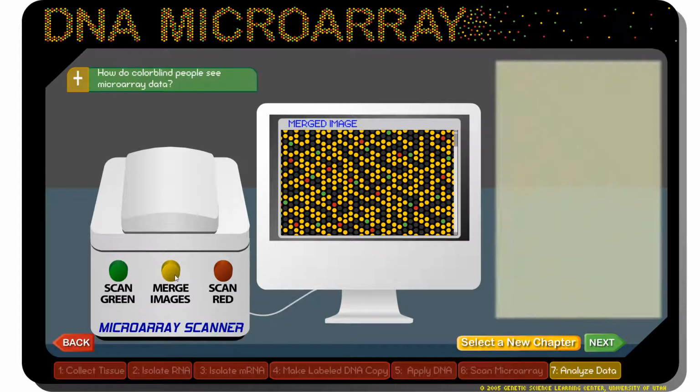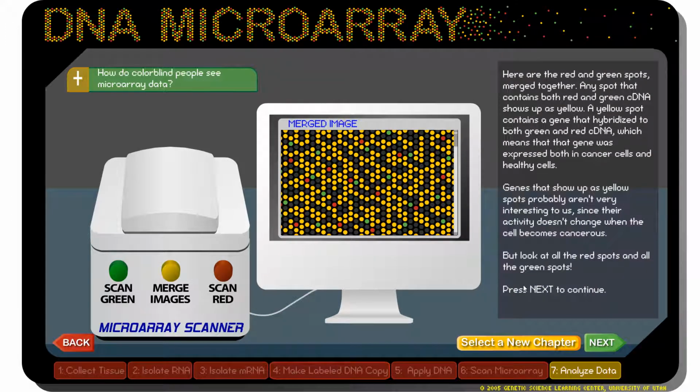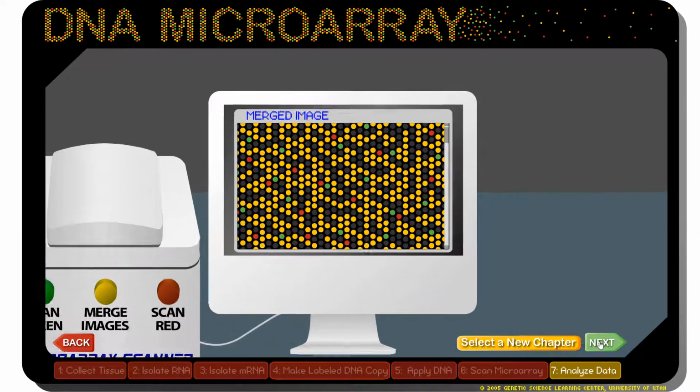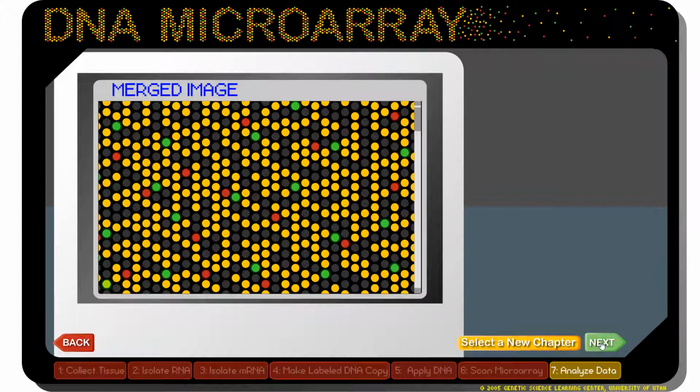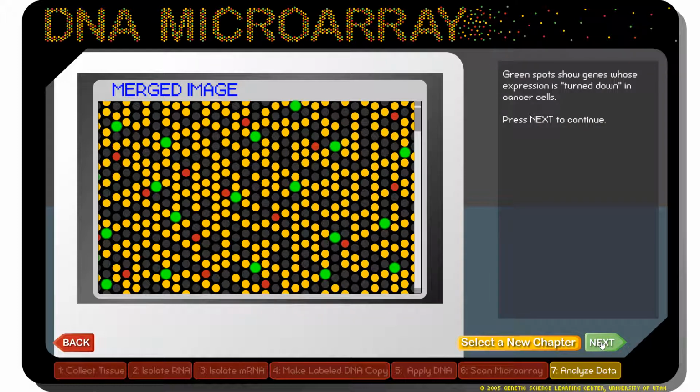Of course, we cannot really extract additional information from these genes that are common to both. The non-overlapping spots, however, can surely tell us which genes are activated in cancer cells that are supposedly turned off in normal cells. Red spots are turned on in cancer cells, while green spots are turned off in cancer cells.